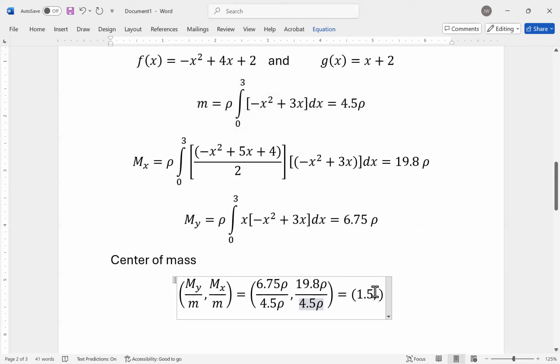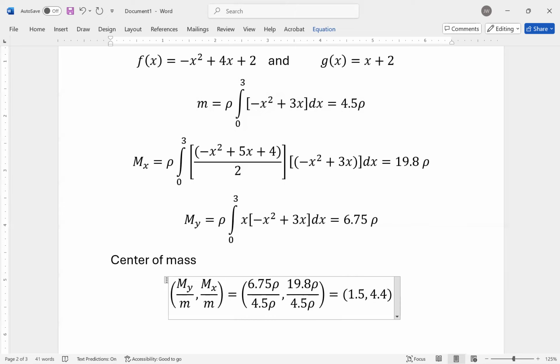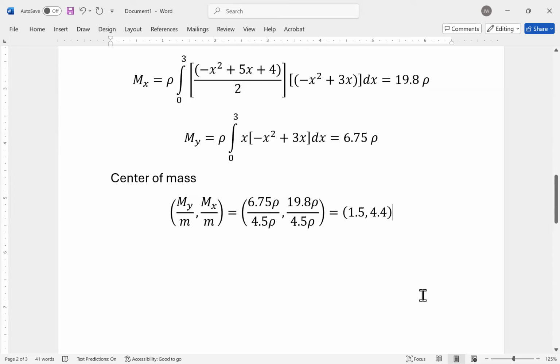I mistyped that earlier. So 19.8 rho divided by mass of 4.5 rho. Denominator should be the same. And then 19.8 rho divided by 4.5 rho gives me a 4.4. Again, that's without any rho because these densities have canceled out in both the x and y terms. So that's what we get.